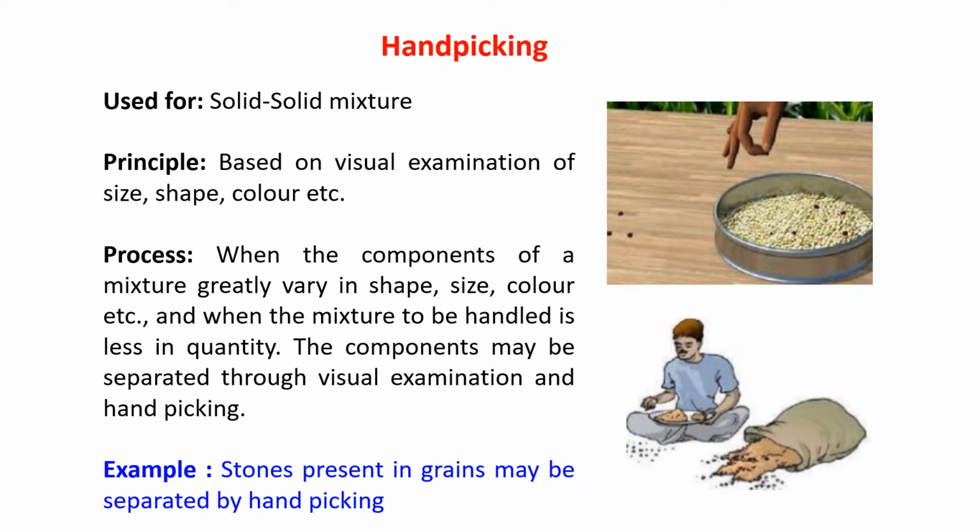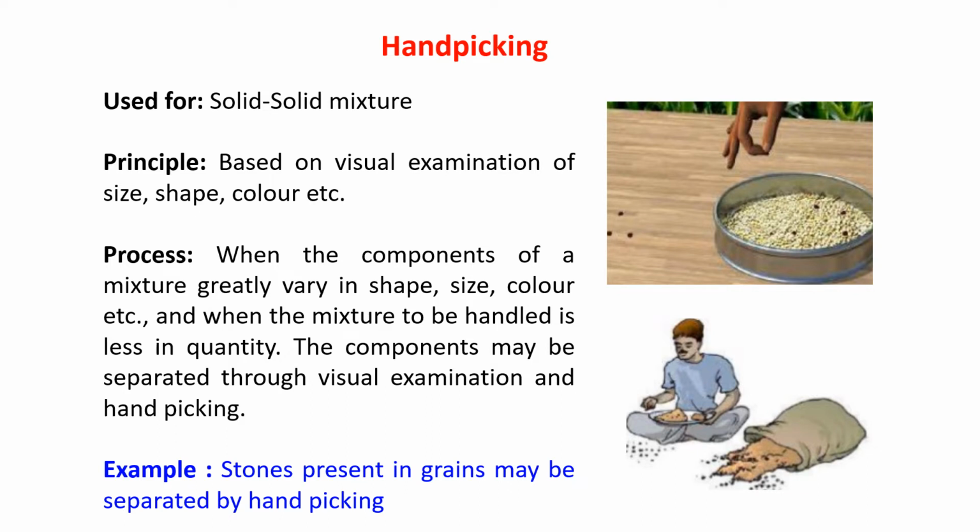First is hand picking. You are all very much familiar with some of the separation techniques given: hand picking, winnowing, magnetic separation, sieving. You have learned all these in the previous class. You can take this as the recapitulation of the lesson you have already learned.